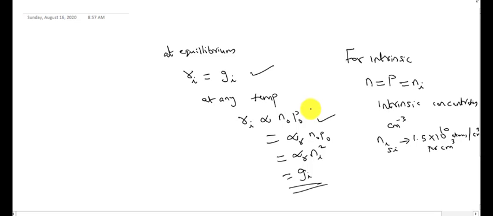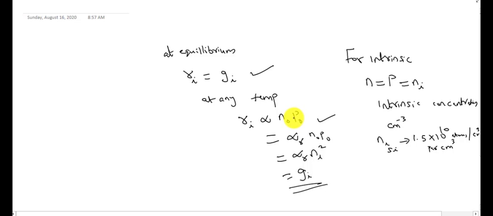At any other temperature, the recombination rate will be proportional to the product of electron concentration and hole concentration, and that proportionality is replaced by a constant, alpha R, that depends upon the mechanism of recombination. So Ri is equal to alpha R into Ni square, which is equal to Gi. Gi is the generation rate.